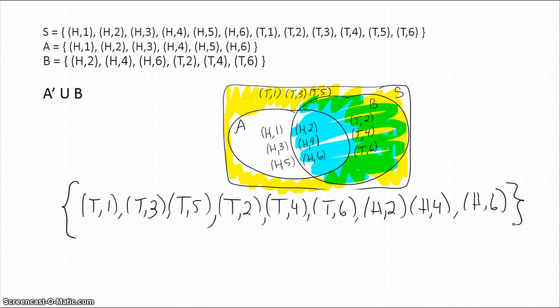These are the things that have a tails or an even number on the die or both.